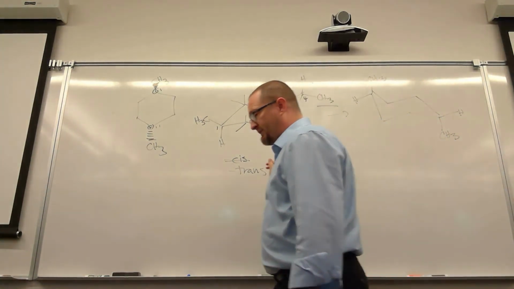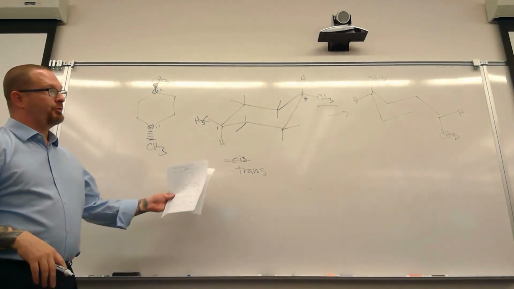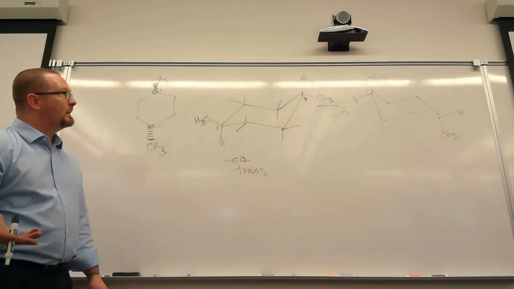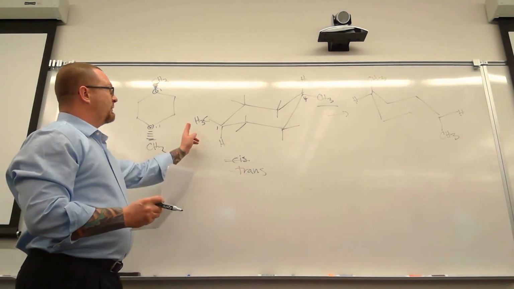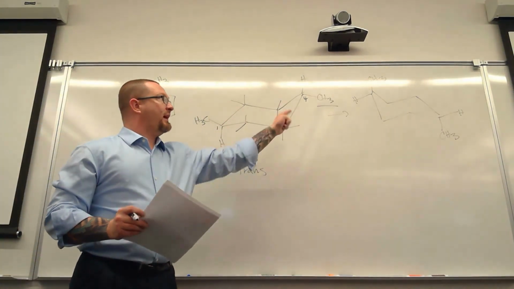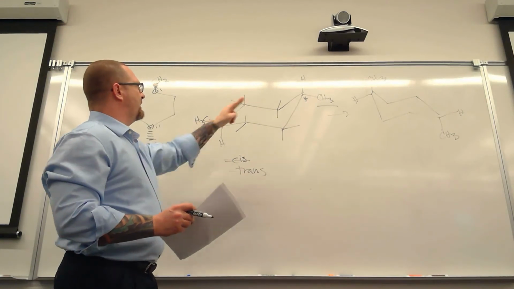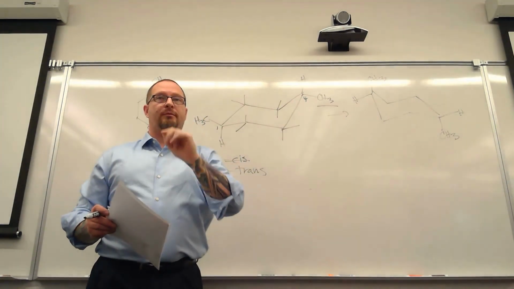This is still the exact same compound in terms of bonds. It's still trans because one's on top, one's on bottom relative to the ring's equatorial plane. But what was equatorial is now axial, and what was axial is now equatorial. So they were both drawn equatorial, and now they're both axial. Aha.